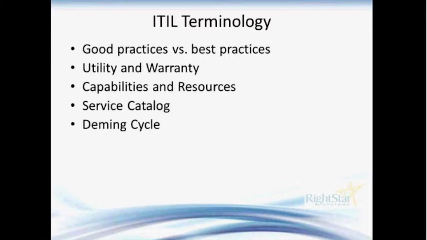They don't necessarily need or want to understand that email is supported by an Exchange server and an Outlook client and the network infrastructure and so on and so forth. So what the service catalog provides us is an understanding of the relationships and the impacts that are going to affect the IT services that we provide. And it also looks at IT from the perspective of the customer or the end user.